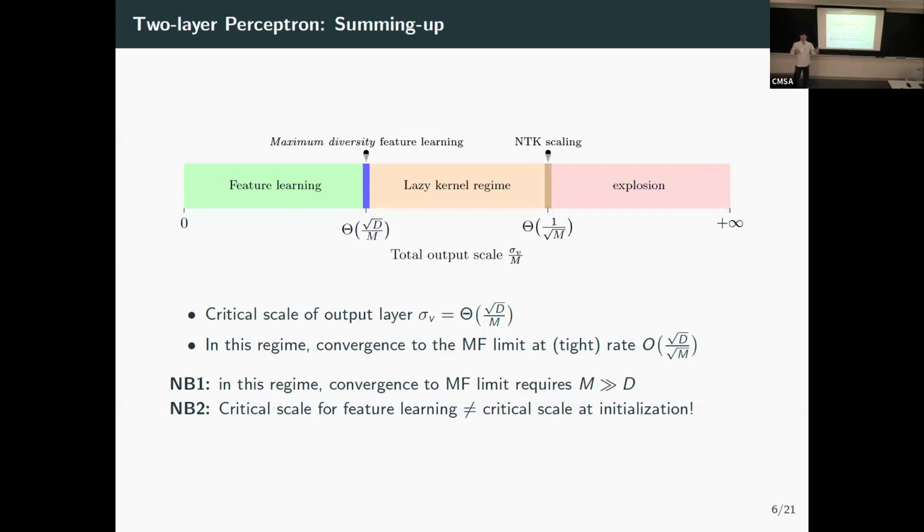At initialization, all the randomness is completely pure, so you can have much larger objects and still have convergence of the sums that are involved. But once you train, you'll have some quantities which correlate to each other, and you can afford a much smaller scale of the objects before the output explodes. So criticality during training is not the same as at initialization.